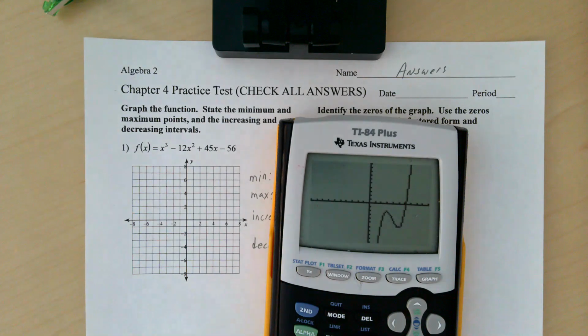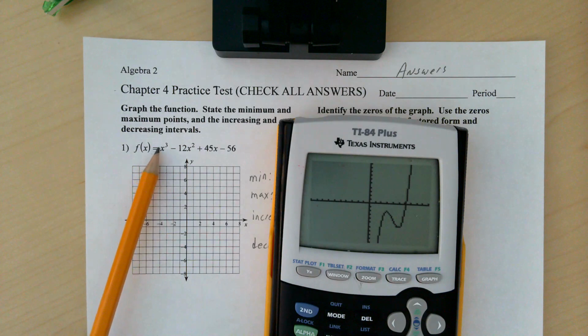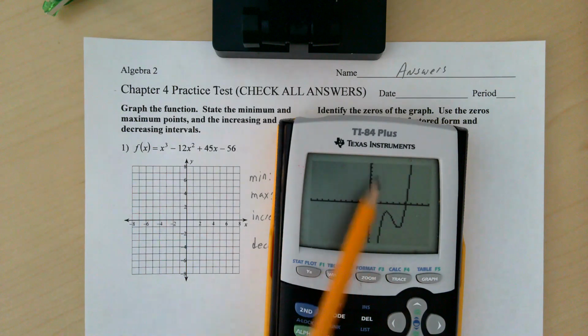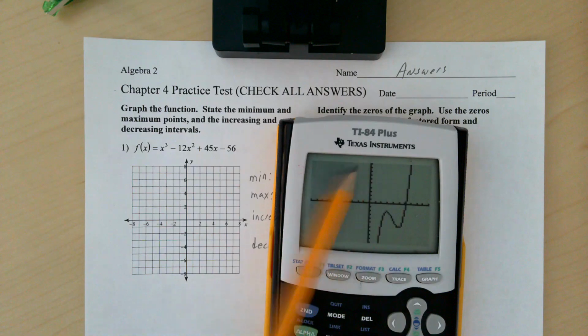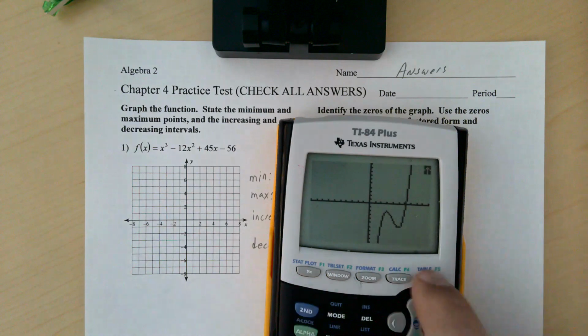I am hoping that you understand this has to be pointing in opposite directions because it's an odd exponent, and it's going to fall on the left because there is a positive number in front. If there was a negative, then it would be the mirrored image about the x-axis, going up on the left, down on the right. So this makes sense.